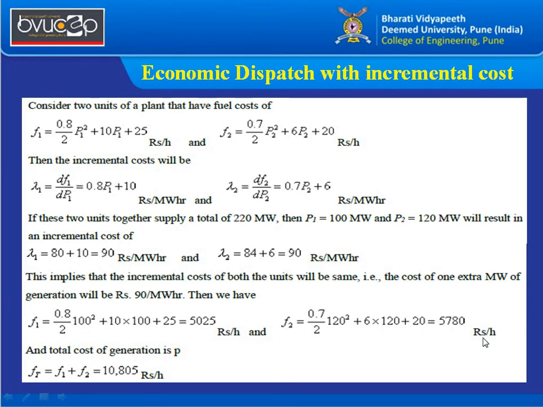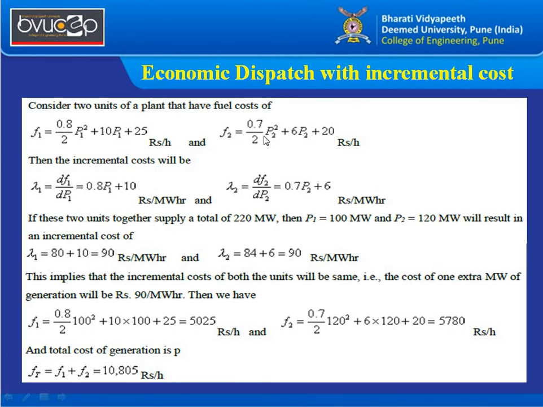Now here for the second function the cost is a little bit more because of two terms. One is going to be this quadratic equation and second is going to be the megawatt capacity, which is more. So the total cost of generation now is just the summation of these two, which is f1 plus f2. So 5025 plus 5780 is 10,805 rupees per hour.